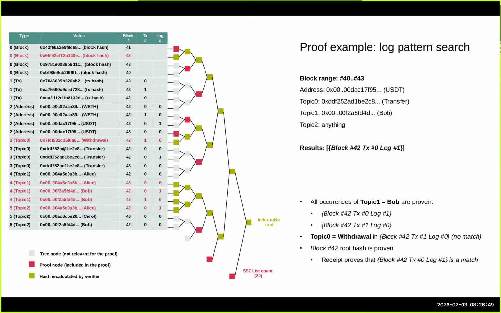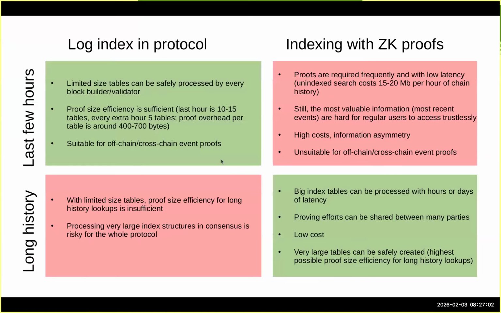Anyway, bigger tables are always more efficient, and this is just some reasoning about why I think this whole approach is a good idea: we put smaller tables in consensus, and then we prove bigger tables with ZK proofs.